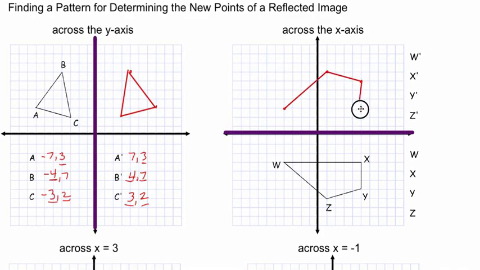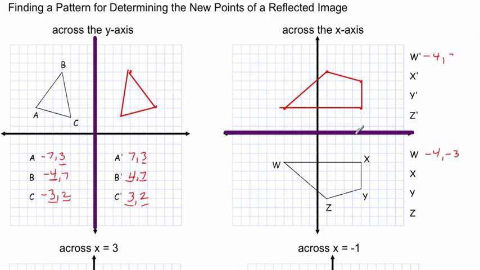Now, what should happen here? When I have my reflection going up and down, let's see if we can find a pattern there. We know W down here is -4, -3. And we know W up here would be -4, +3.